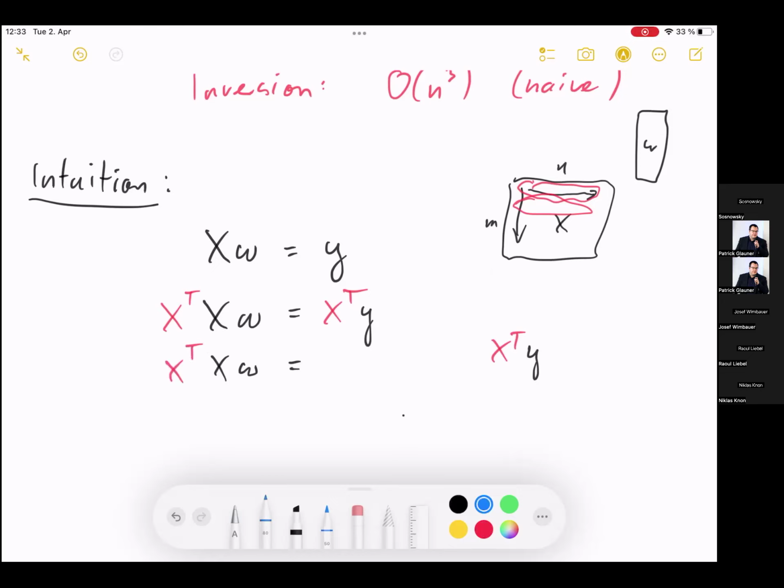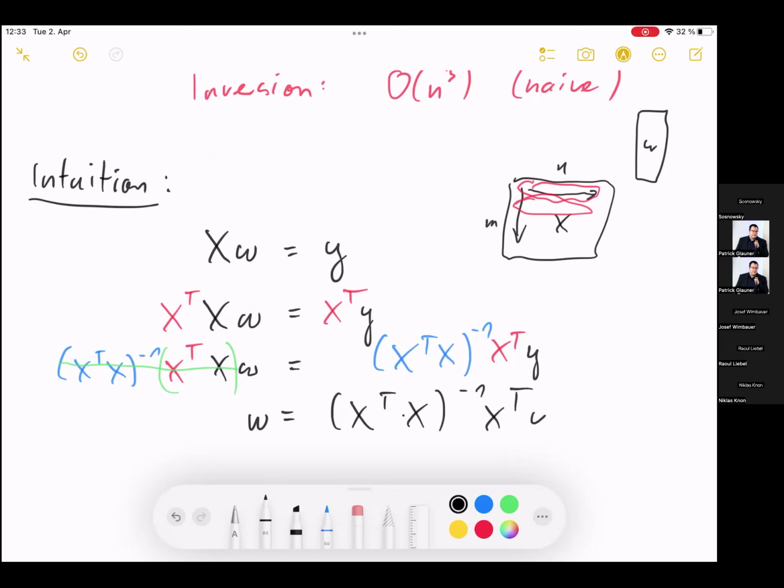And now I'm multiplying from the left X transpose X and invert it. And I'm also multiplying this from the left. And what I'm seeing then is I have X transpose X inverted, and I multiply from the right X transpose X. So these two parts just cancel out. And then I have my weight vector, which is X transpose X inverted times X transpose Y.